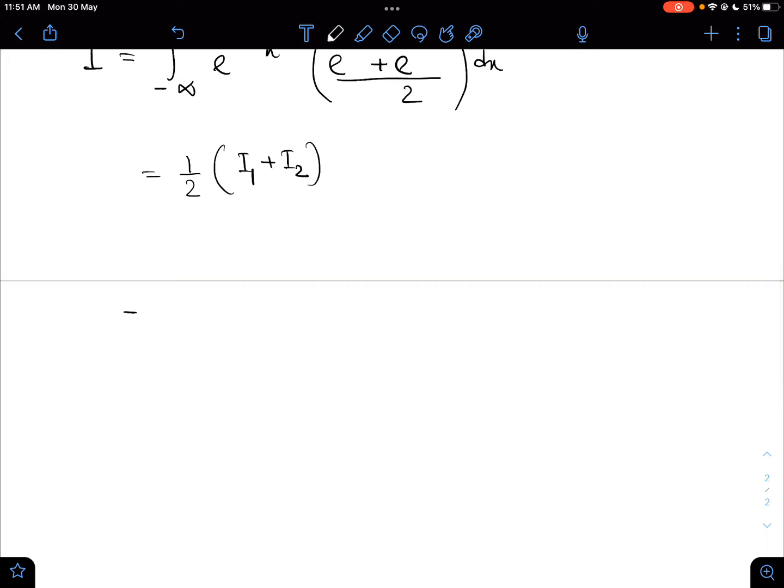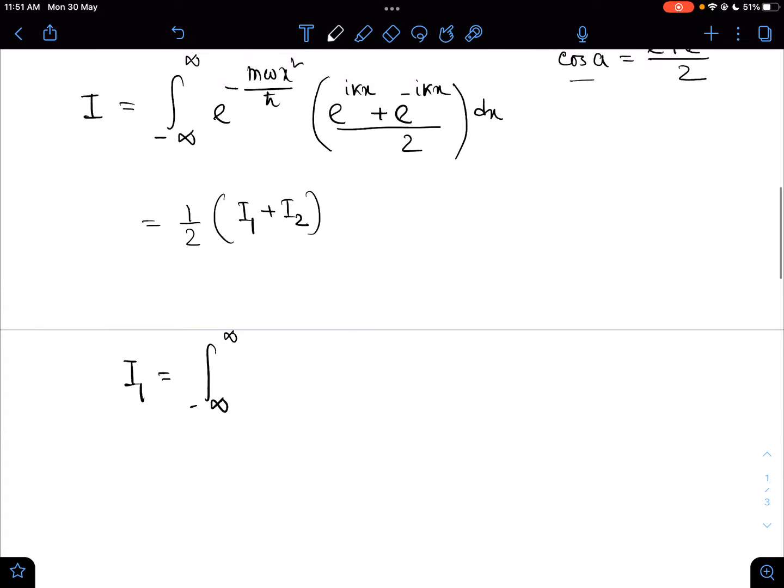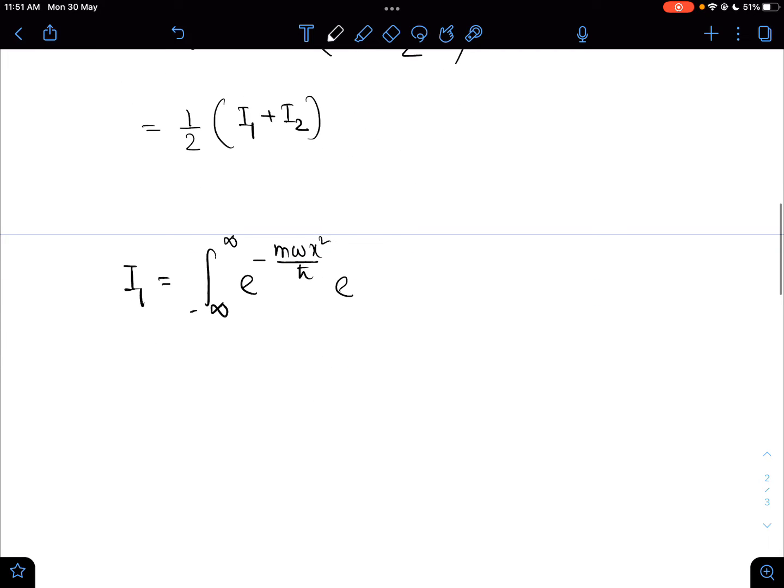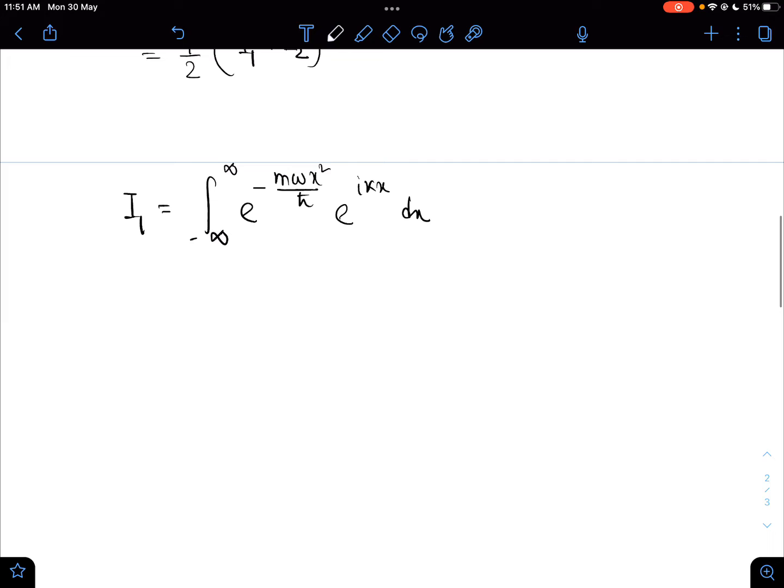So what is our I1? I1 is the integral from minus infinity to infinity of e to the power minus m omega x squared by h cut into e to the power ikx dx.